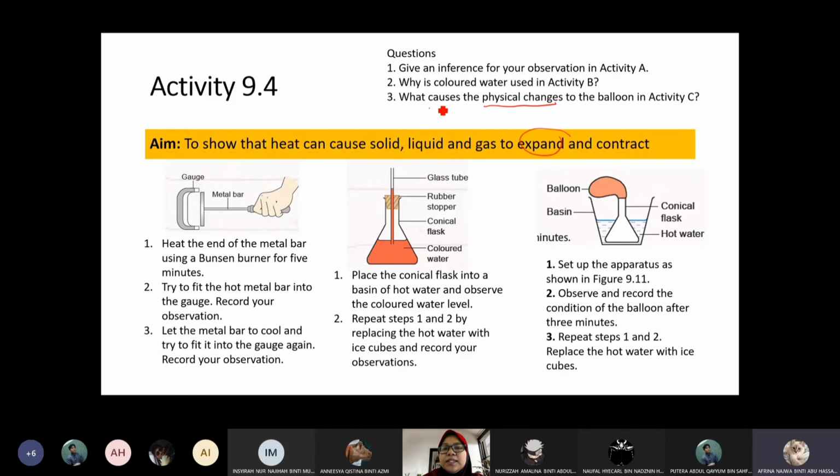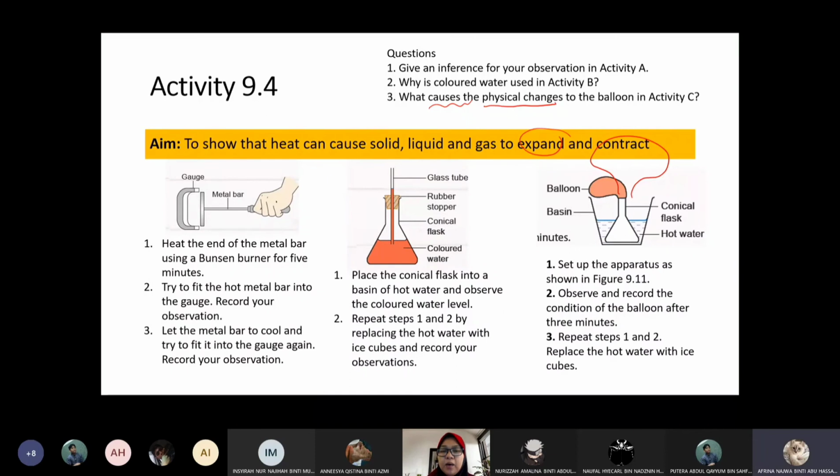What causes the balloon to expand? Heat. Okay, how does heat make the balloon expand? What does the heat do that enables the balloon to have physical changes? Yes, heat causes the balloon to expand.